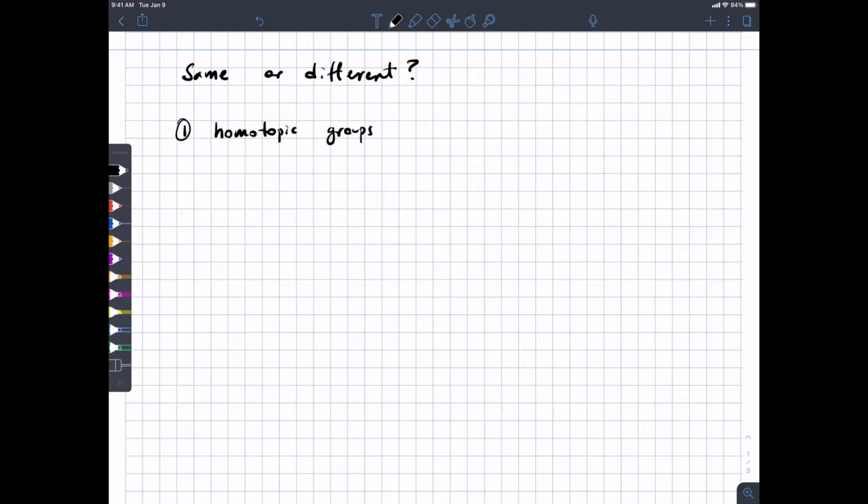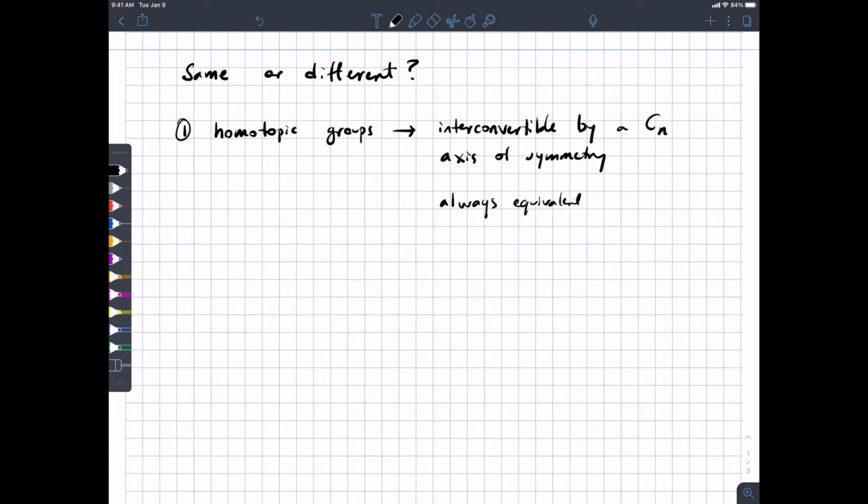And these are interconvertible by a proper rotation, by a C, whatever n is, axis of symmetry. And homotopic groups are always equivalent, even in chiral environments.